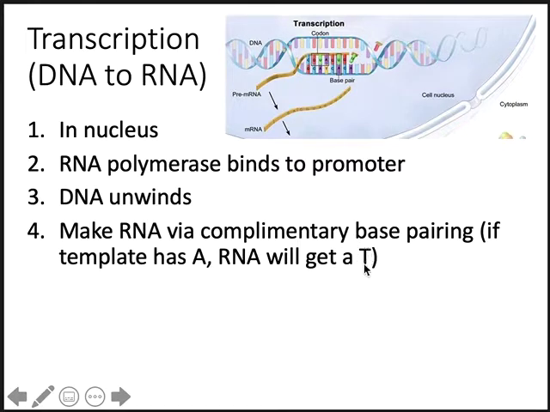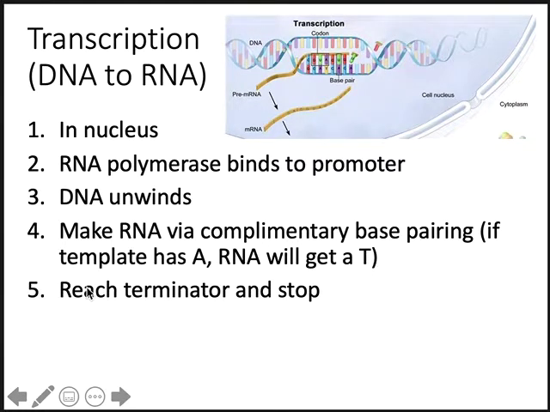I must have been typing very quickly. So yes, A, T, C, G, T binds with A, but when you go from DNA to RNA, T's are replaced with U, uracil. So please correct that.